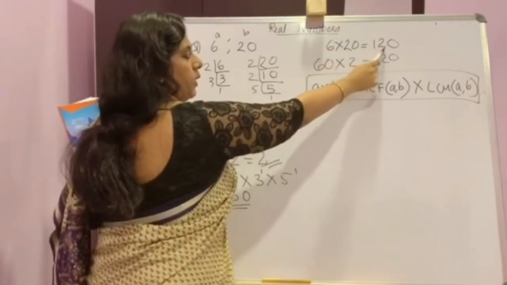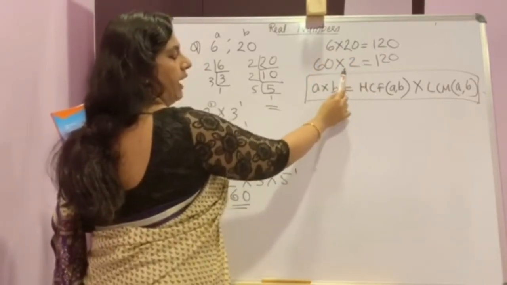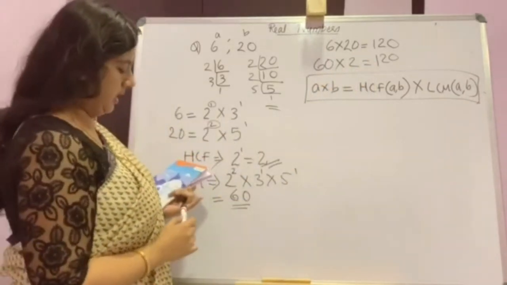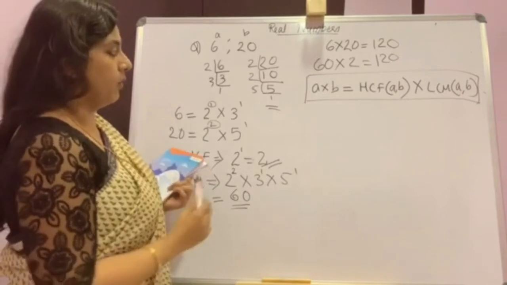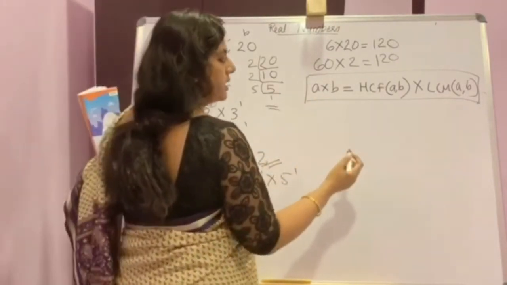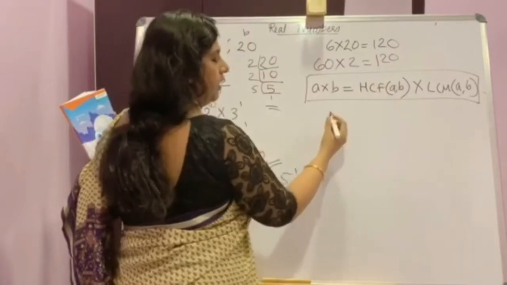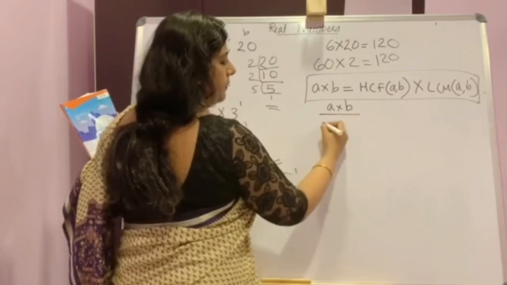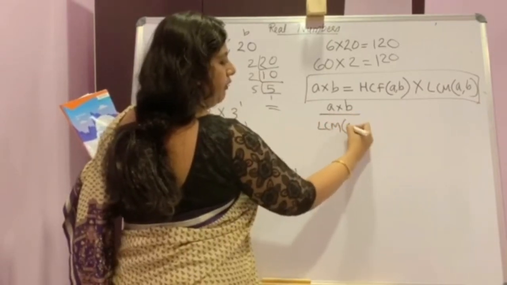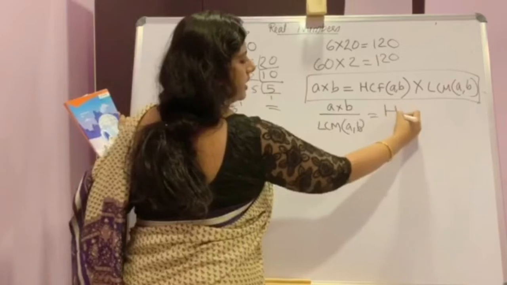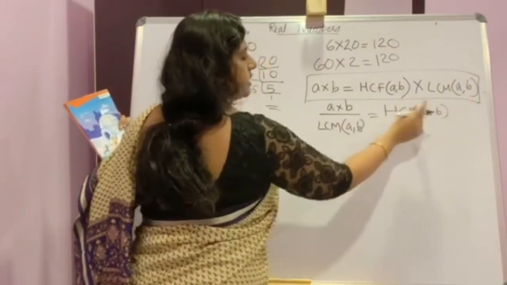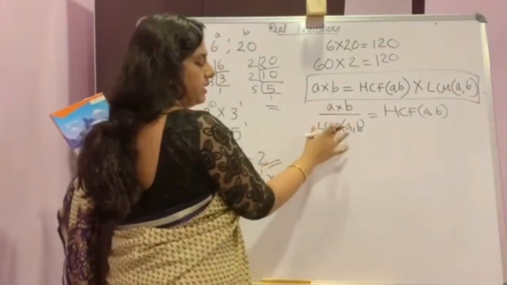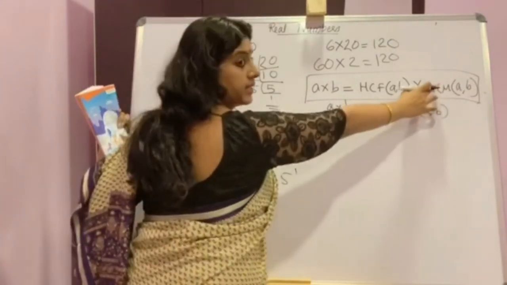A into B is equal to HCF of AB into LCM of AB. Both will be equal. Now we can derive some more equations from here. If you want to find HCF, you can write it as A into B by LCM of AB is equal to HCF of AB. That is, we are taking LCM of AB to this side, then it becomes the denominator because here it is in the numerator.